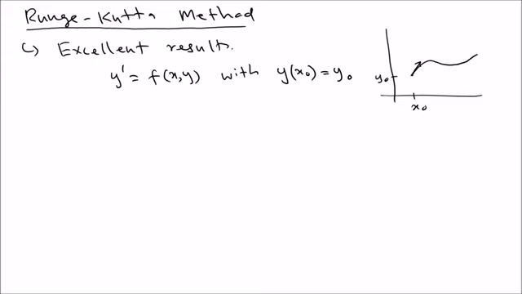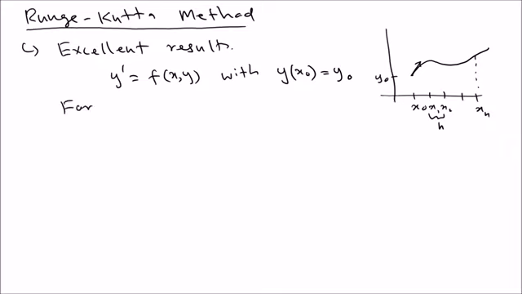Then the goal is to approximate the actual curve. The same idea: we're going to split as before, we call the gap h, and find the value at xn. So the scheme is slightly different now.